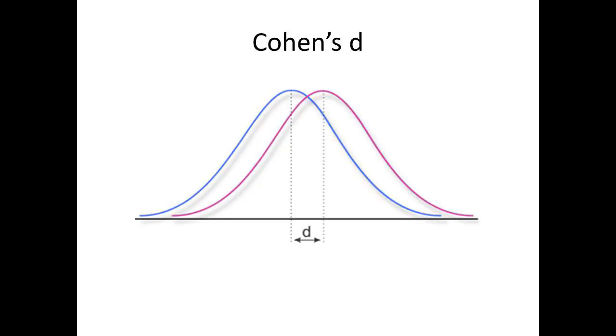So in this illustration, the blue curve would be the null hypothesis population curve, and the pink curve would be the theoretical population that our sample came from. So d, as you can see, is the distance between those means in number of standard deviations. So for our particular example, a d of 1.87 means that our population mean is about 1.87 standard deviations higher than the null hypothesis population mean.